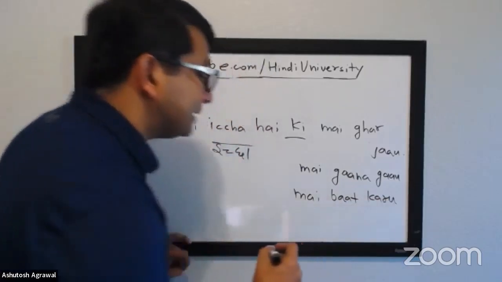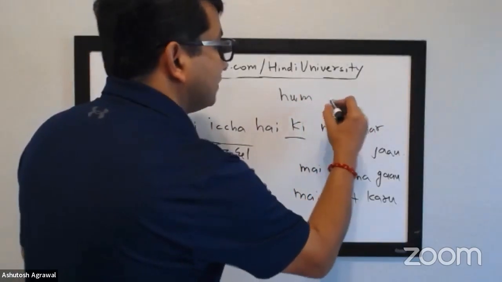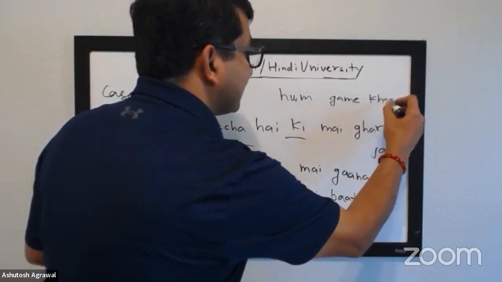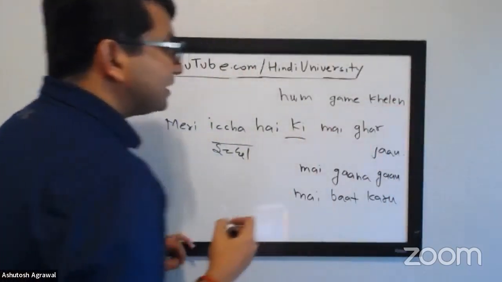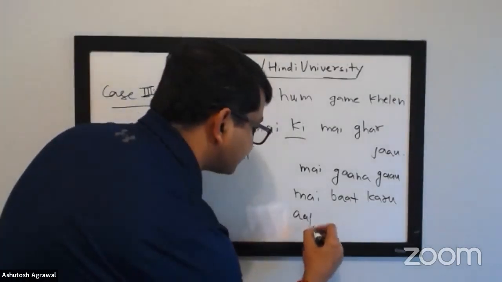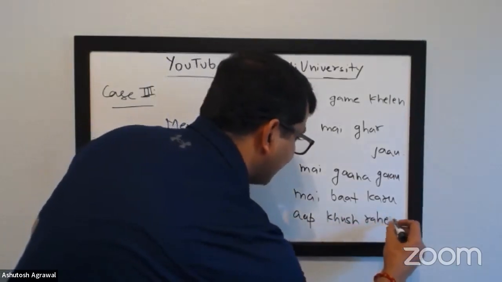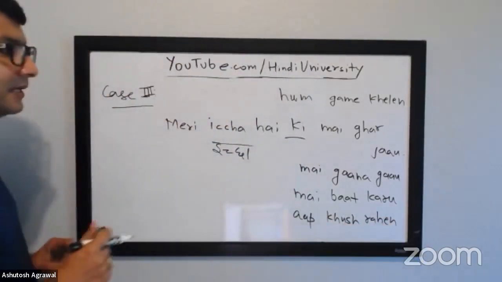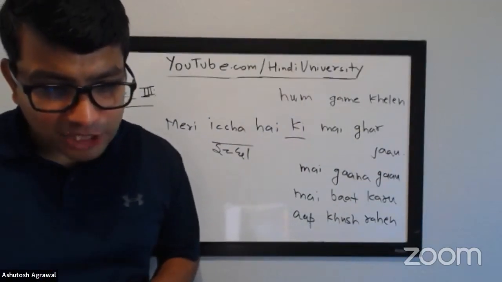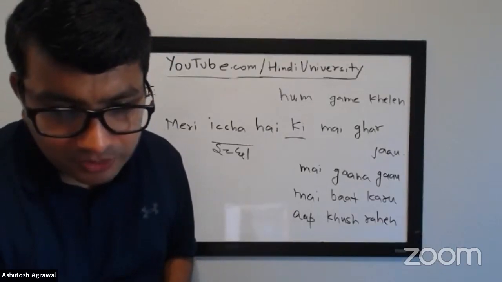Okay, मेरी इच्छा है कि हम गेम खेलें और बोर्ड गेम खेलें. ओके, मेरी इच्छा है कि हम बोर्ड गेम खेलें. ओके, मेरी इच्छा है कि आप खुश रहें. I'm mixing the other scenario, but मेरी इच्छा है कि आप खुश रहें. But what is the mood here? You can write it down, all of you, in the chat if you want, or you can unmute yourself. But what is the mood here?